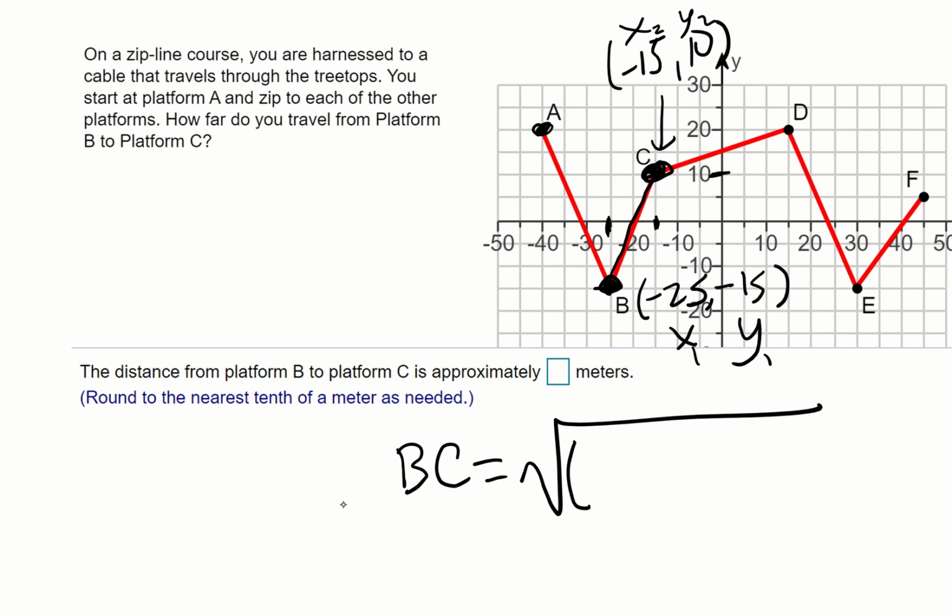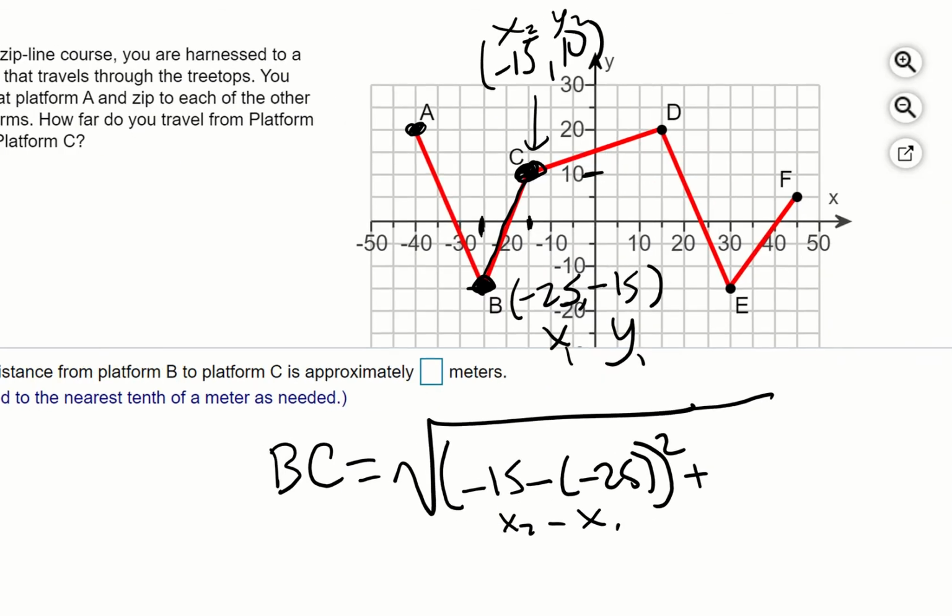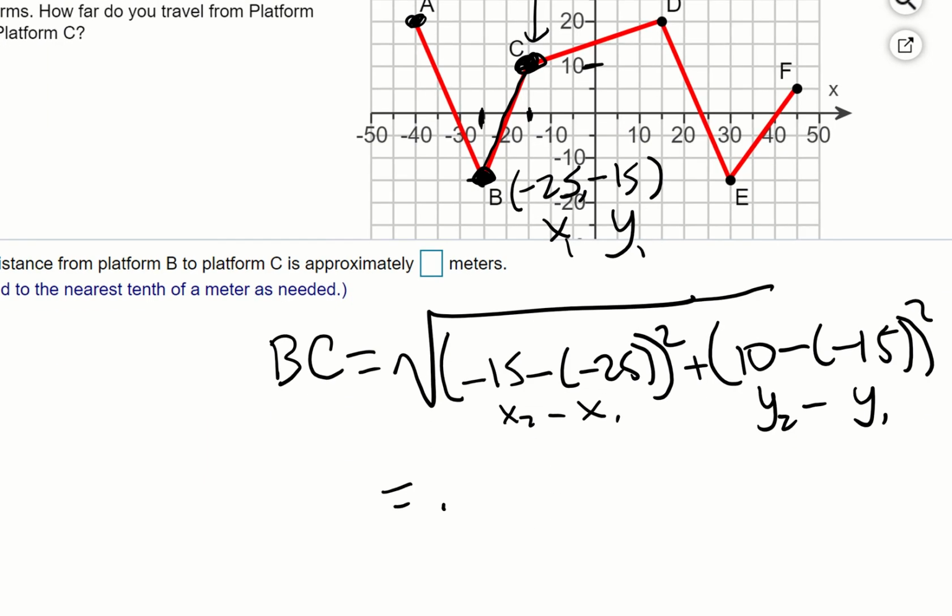Now you're going to subtract the x's. So -15 minus -25 squared, x2 minus x1, that's the formula, squared, plus y2 minus y1, then squared. And then we'll do the math here.